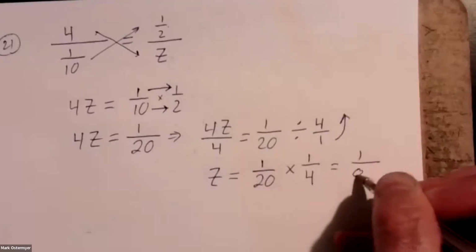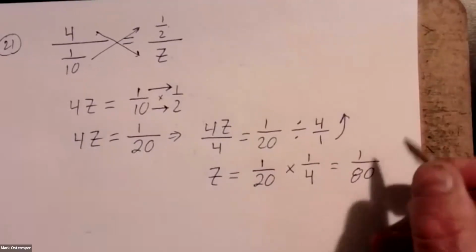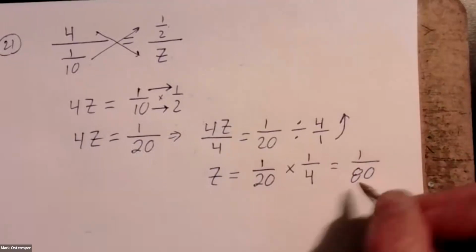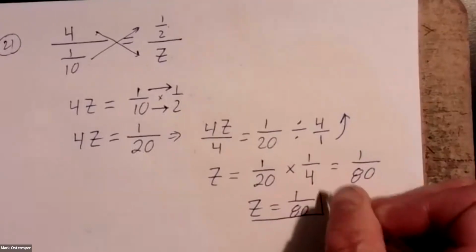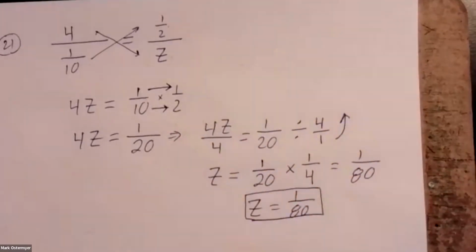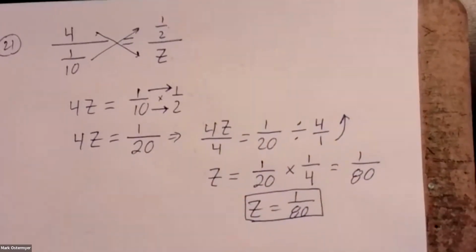Okay. Now, 1/20th times 1/4 is 1 over what? 80. And that's what z would be equal to. z is equal to 1/80th. All right, that would be z, 1/80th.